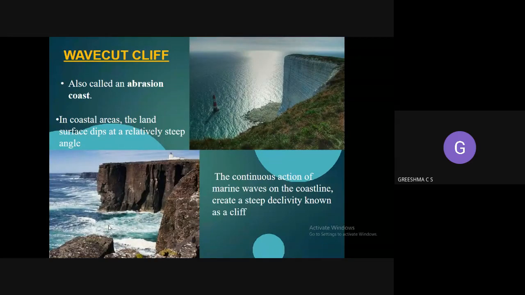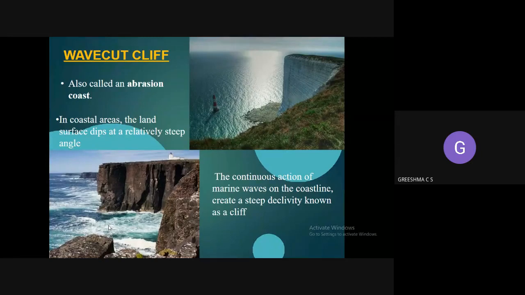Now how is the cliff formed? It is formed due to wave erosion by the action of hydraulic action. This is very common where you can see a lot of mountains near the coastal areas.